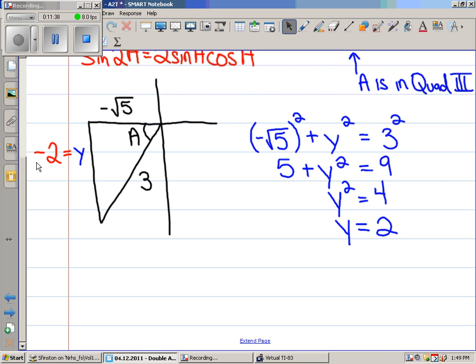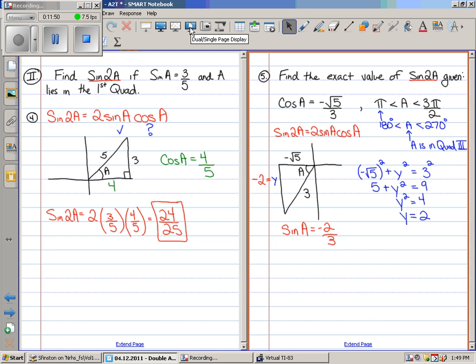So at the end of the day, how much was the sine of A worth? Sine of A is negative 2/3. And so then check it out. Works just like my other problem on the left.